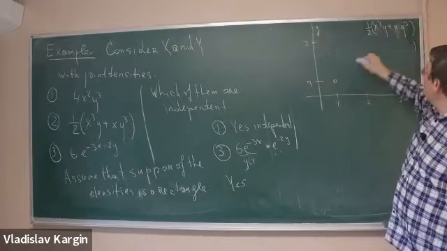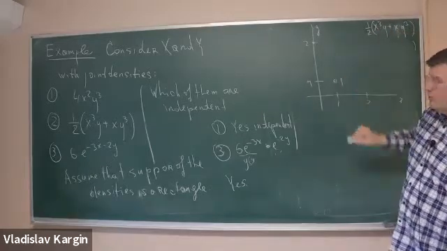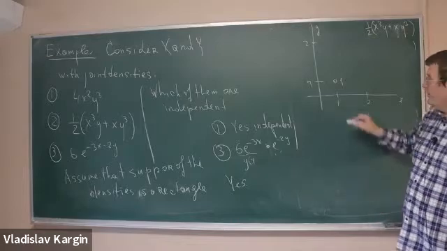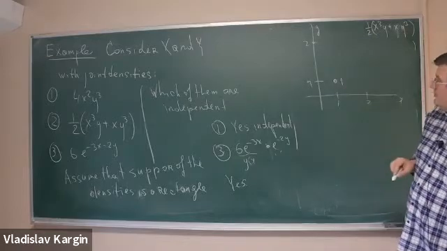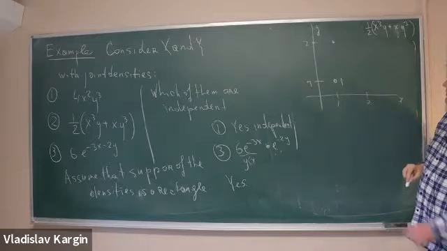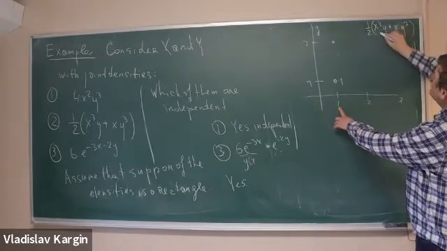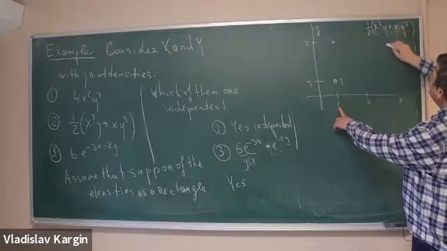Here's 1, and here's 1, so this gives you 1 at this point. So the value of the joint density here will be 1. What about this point, where x is equal to 1 and y is equal to 2?